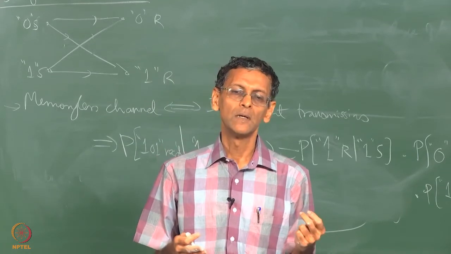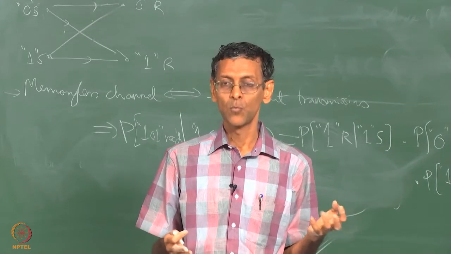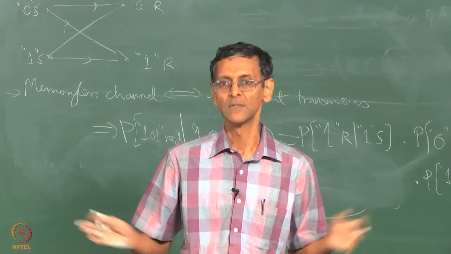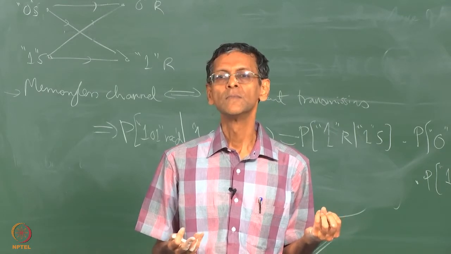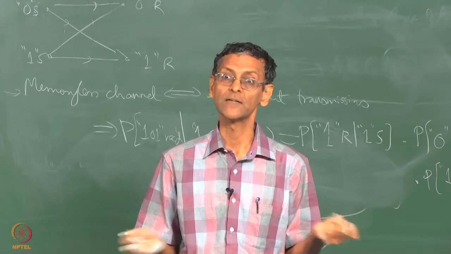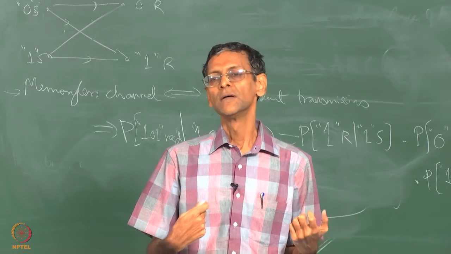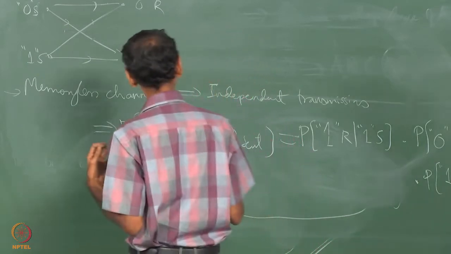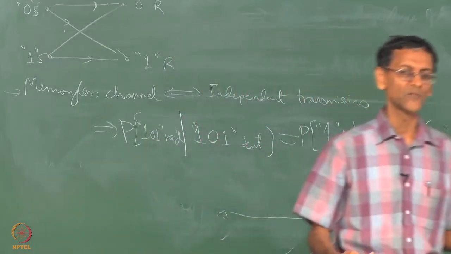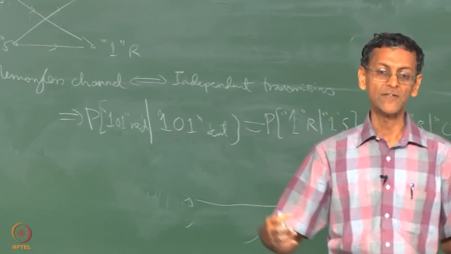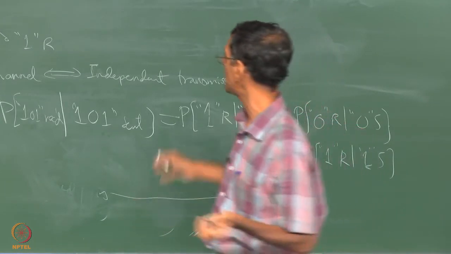Supposing, for example, the same input bit 1 was mapped to the sequence 101, some coding was done. That is a simple example of coding, where you are sending more bits than is actually needed. Then in such cases, clearly, the probability of receiving 1 and the probability of receiving 0 and the probability of receiving 1 are not independent events.